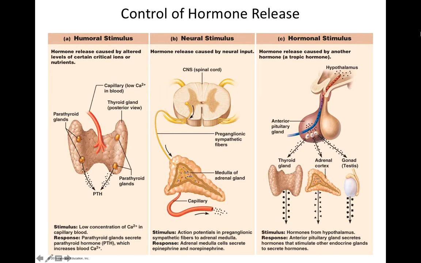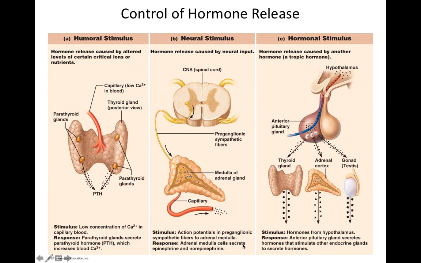So the one that we've probably talked about most is this one, the hormonal stimulus. This is where the hypothalamus has a releasing hormone that triggers the anterior pituitary to release a stimulating hormone, which causes the peripheral gland to release a hormone. So this is a hierarchy of hormonal control. A hormone causes the release of another hormone, which causes the release of another hormone.